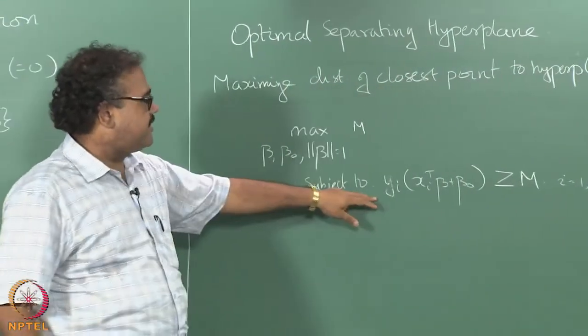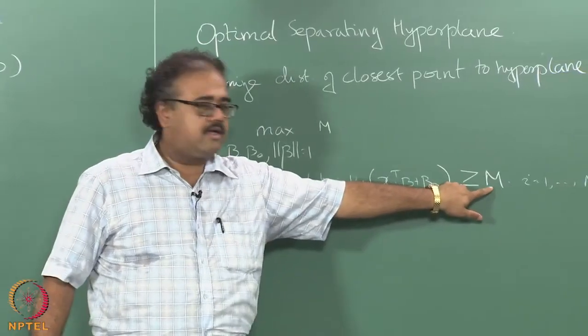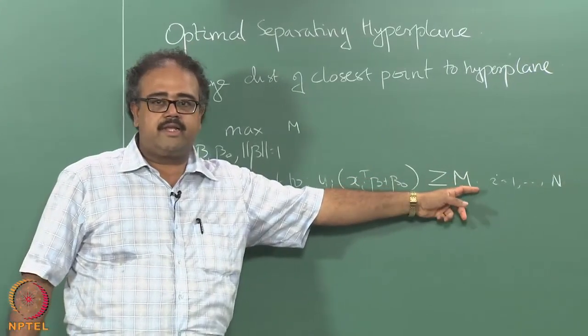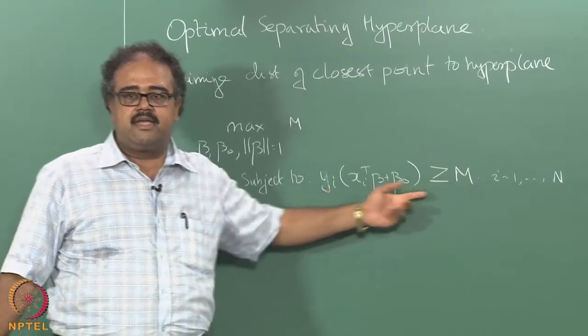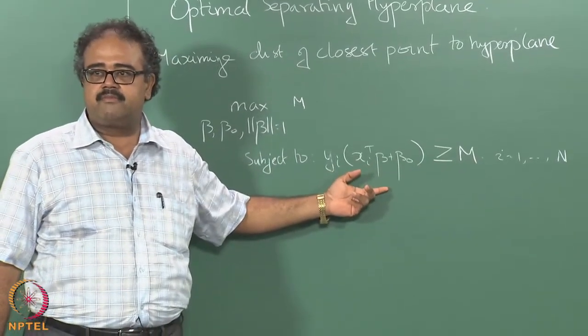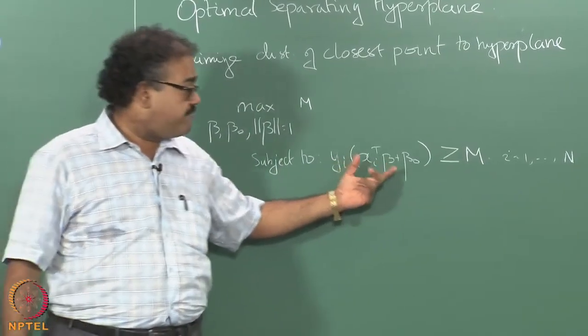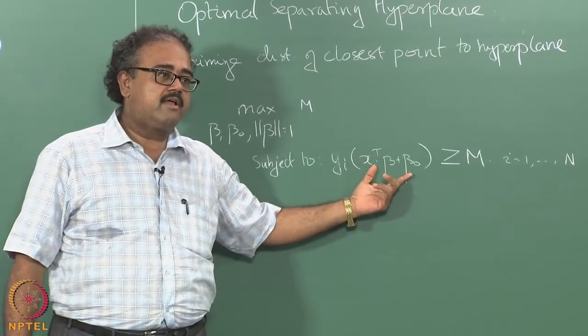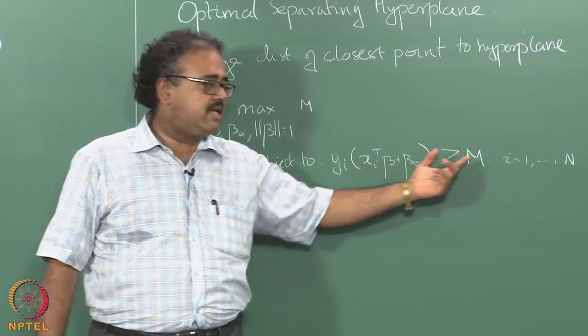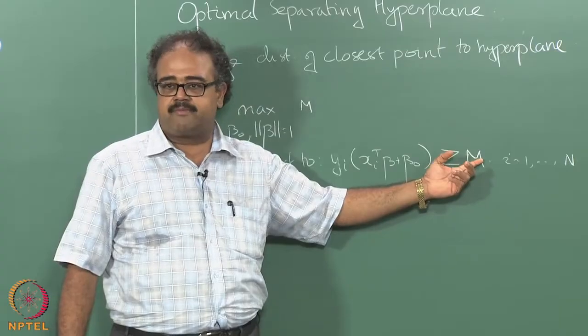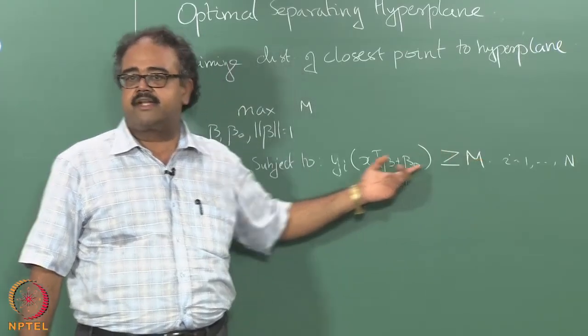So I look at this quantity, which is essentially the distance a data point is away from the hyperplane. I am saying that every data point has to be at least m away from the hyperplane. That is my constraint.